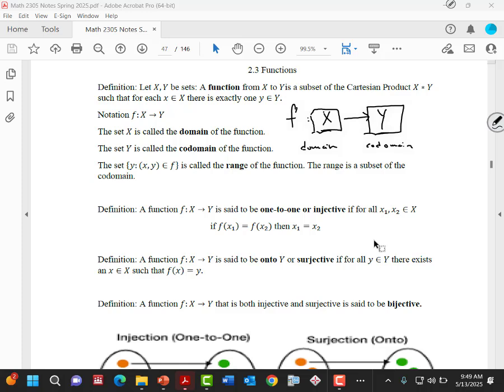The set of all y such that (x, y) is an element of the function is called the range of the function, and the range is a subset of the codomain.